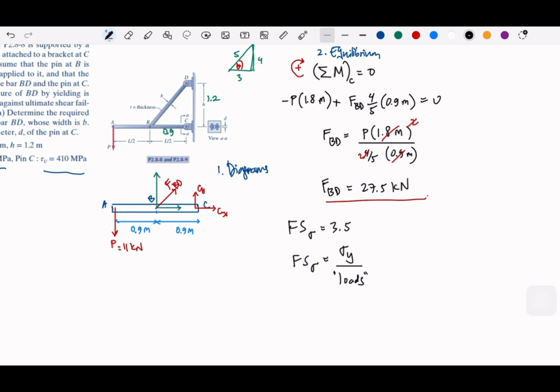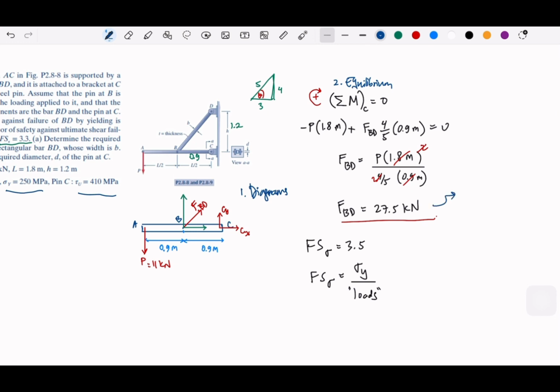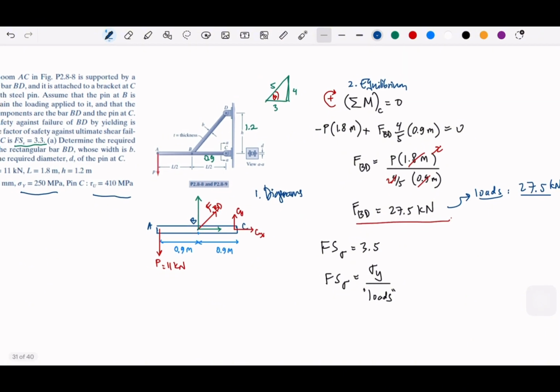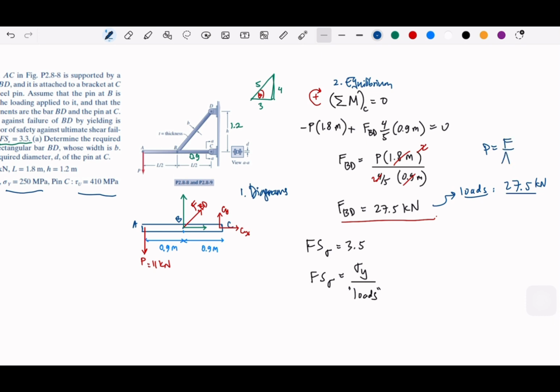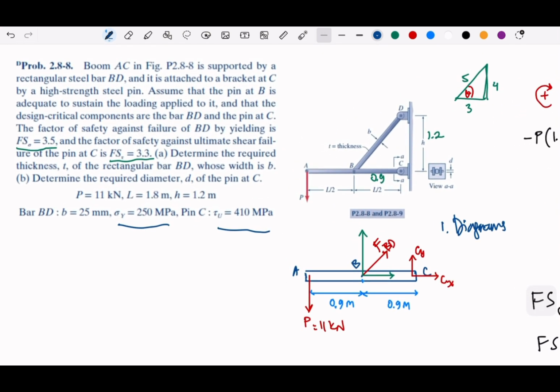From this FBD we get the load that is going to be based on this 27.5, which will be 27.5 kilonewton divided by the area, from F over A. So the area: B is 25 millimeter, and we have the thickness.